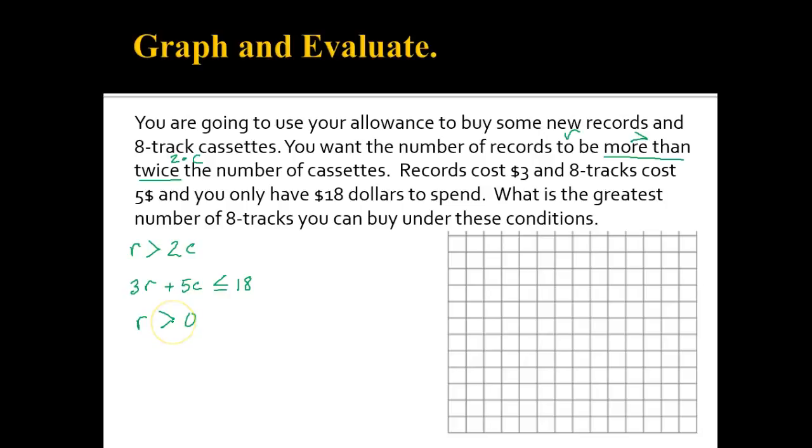So R is greater than 0. And you're going to buy some 8-track cassettes, so C is also going to be greater than 0. So you can't say, I'm not buying any records, because then you wouldn't be meeting the constraints of this question.